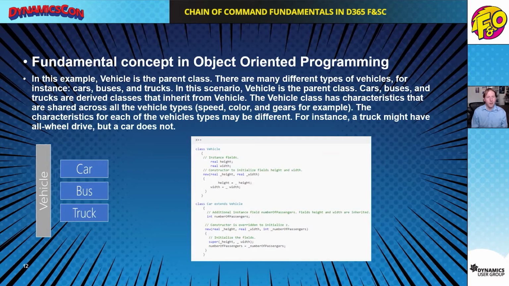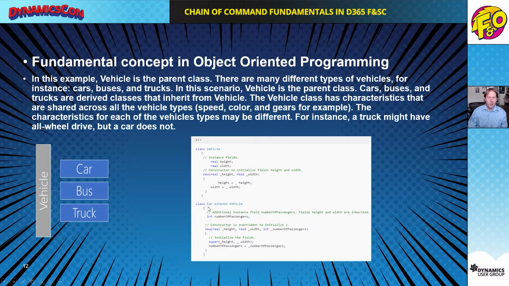So on this slide, I'm reminding people you may have worked with classes before, and specifically inheritance, extending a base class. Chain of command is similar, but I'd say it's different. We do not use the extends keyword.